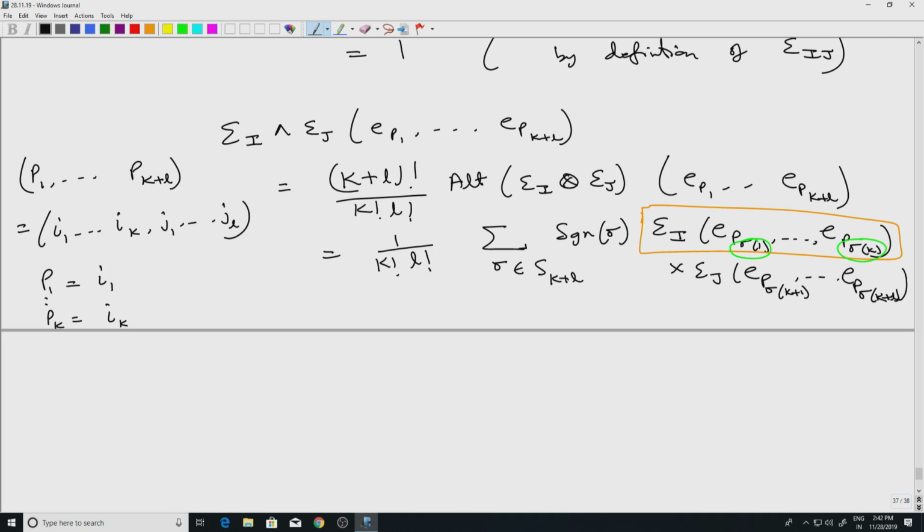And likewise sigma should take the index set k plus 1 etc. back to k plus l.